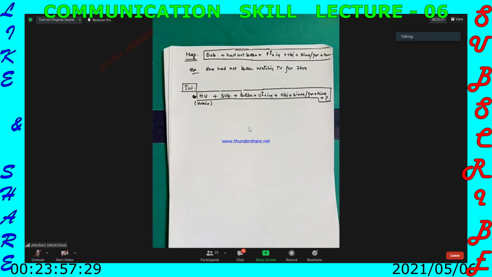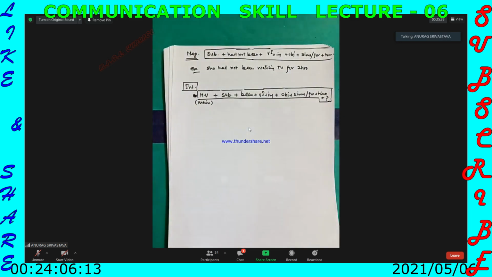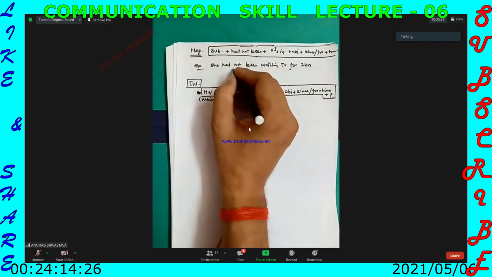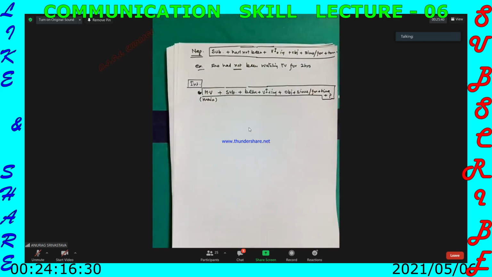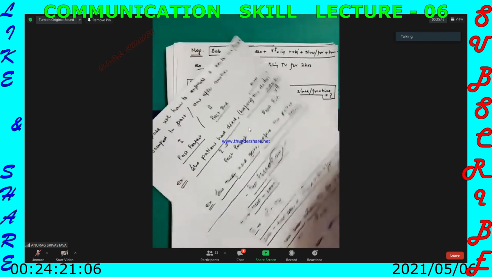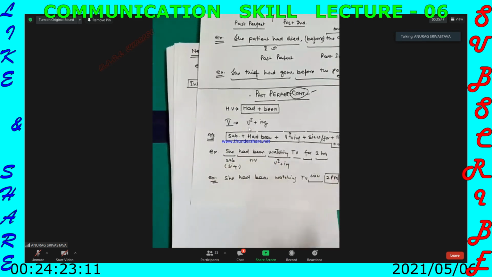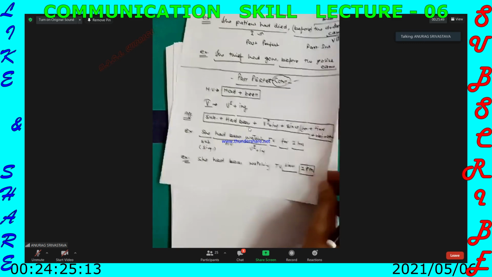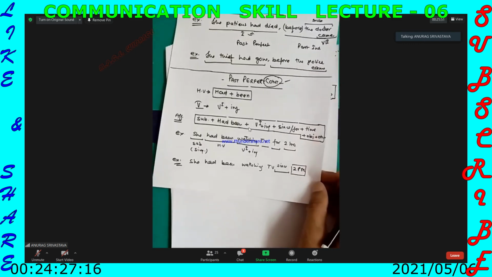So we will write the same examples, okay? She had been watching TV for 2 hours. We have to convert it into the interrogative form. How can we convert it?